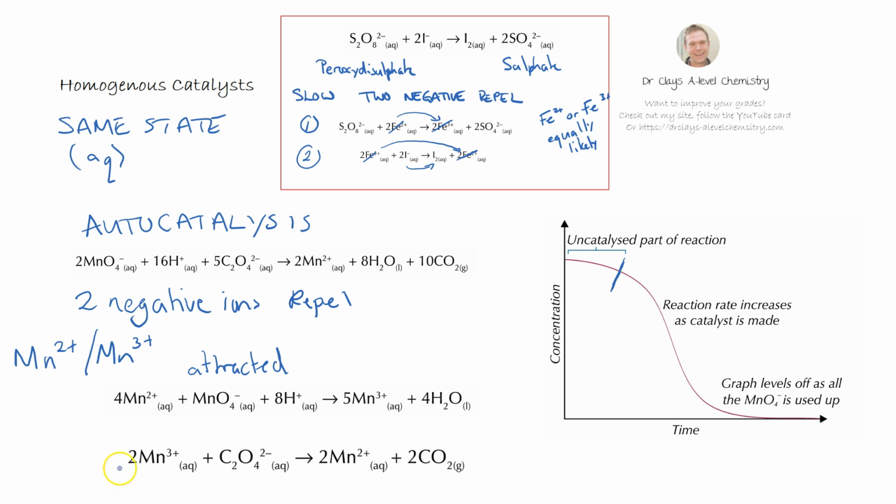Here we start to speed up the reaction, and in the second step of this reaction, the Mn3+ reacts with the ethanedioate to form the Mn2+ and our carbon dioxide, which are products of our reaction.